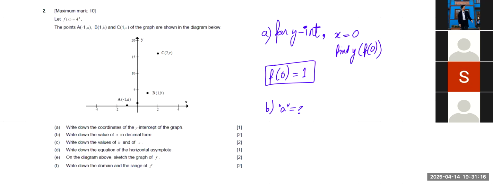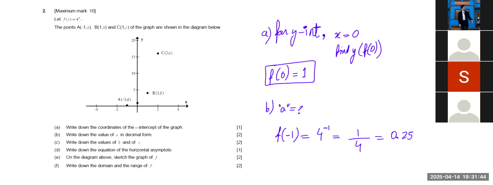You just plug it into the equation. Okay, how do I do that? Plug in where? f of -1 is equal to 4 to the power of -1, which is, does anybody know mentally what this would be? 4 to the power of -1 means 1 over 4, a quarter, which means 0.25.